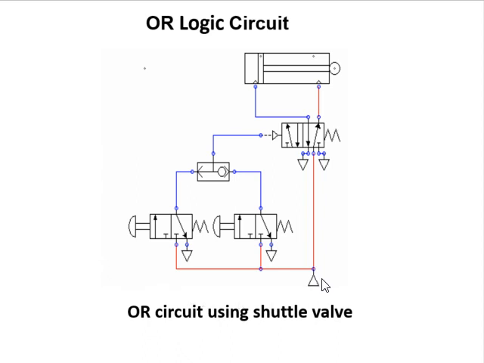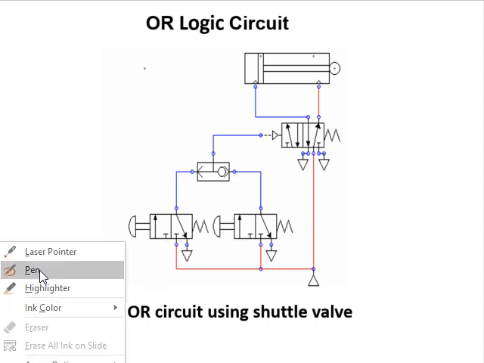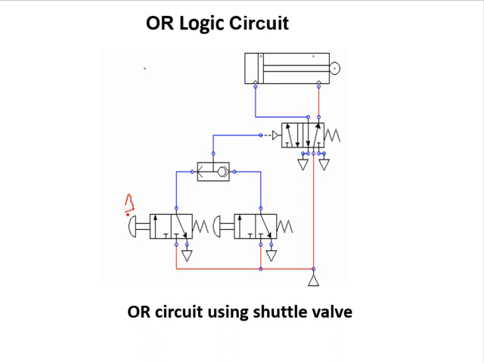If you observe this circuit, compressed air is supplied here, which will pass through the FRL unit and come to the system. Now it is divided into two parts. First it will go to the two push button operated DC valves. This is push button number 1 and this is push button number 2. This 5/2 DC valve is the main DC valve.